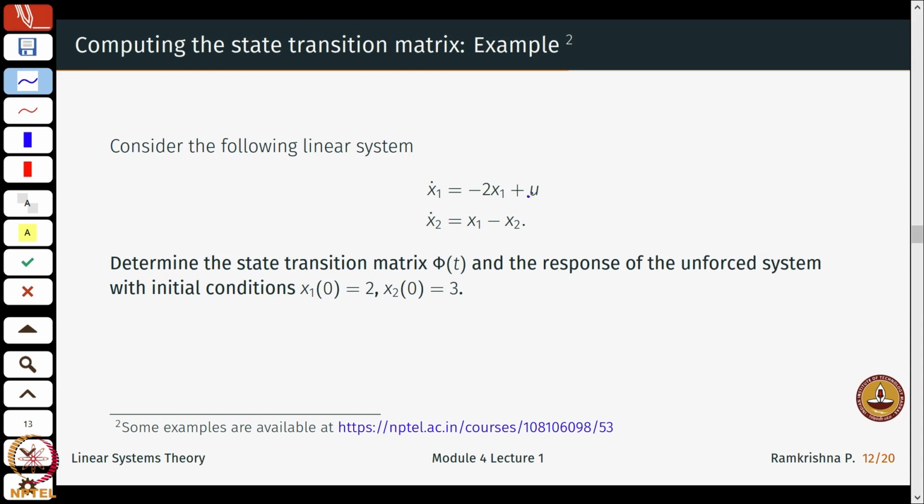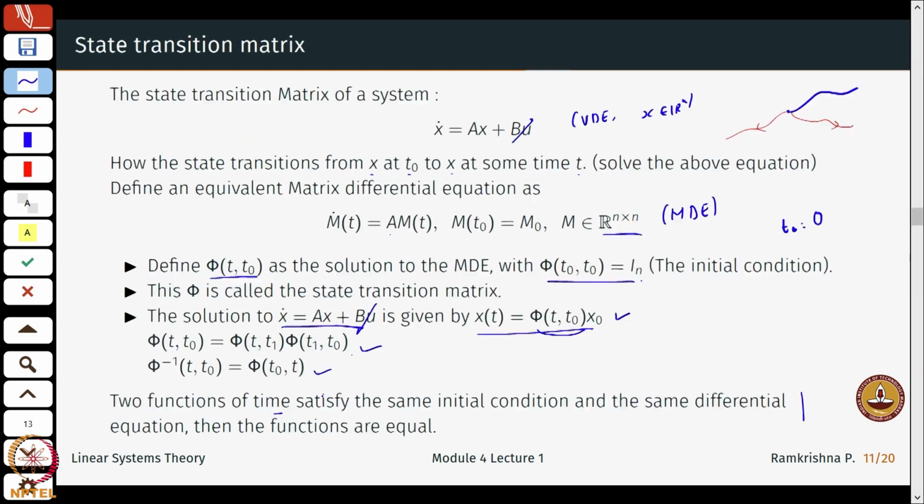Again, an unforced system, so u goes to 0, and the system matrix is of this form. Just before this, I am writing this in a little more generality because this notation can also be used when I am using a time varying system, for example.